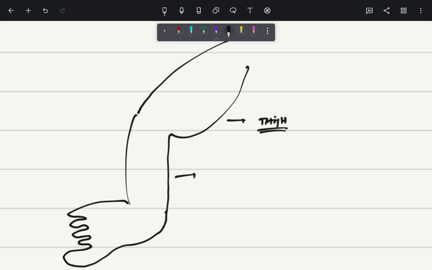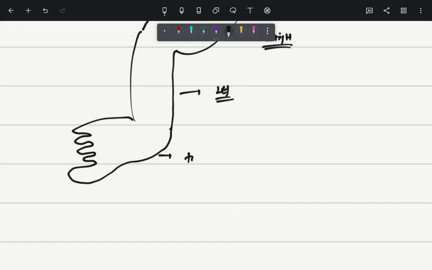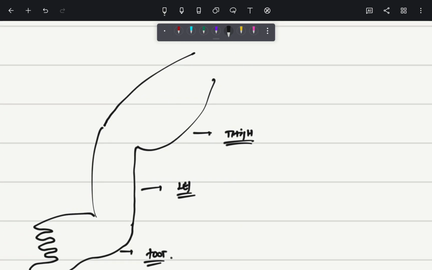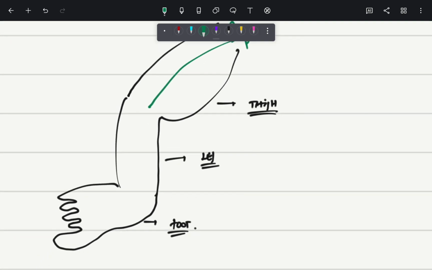So the thigh is usually divided into mainly three compartments, but here we are going to draw only two compartments. One is your anterior compartment, the other one is your posterior compartment.